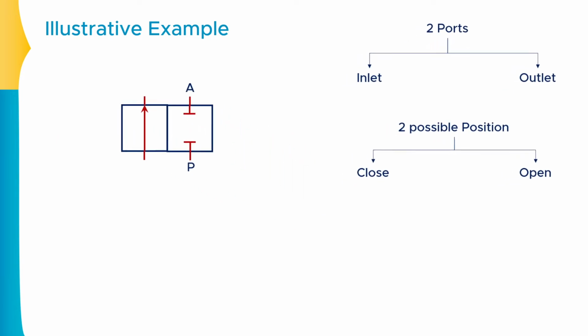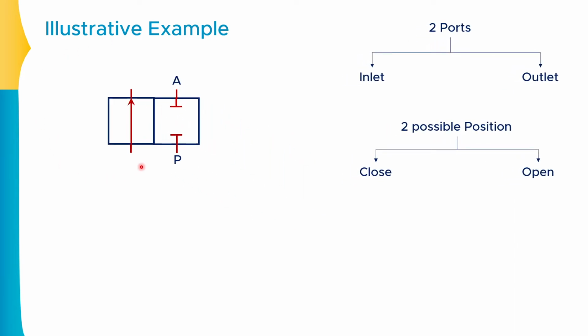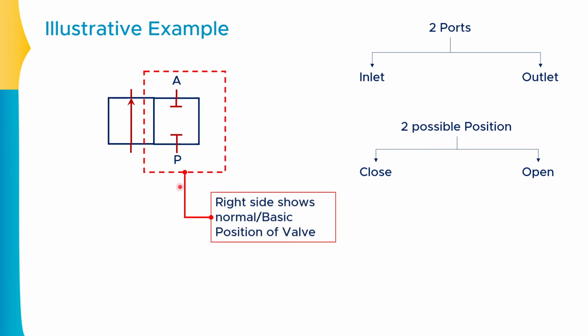Let us understand some of the very basic features of this symbol. The very first thing you are observing is that the right side of the symbol shows the normal position of the valve. I am keeping the valve normally closed. Whatever taps we use at home, we keep those taps in a closed position.